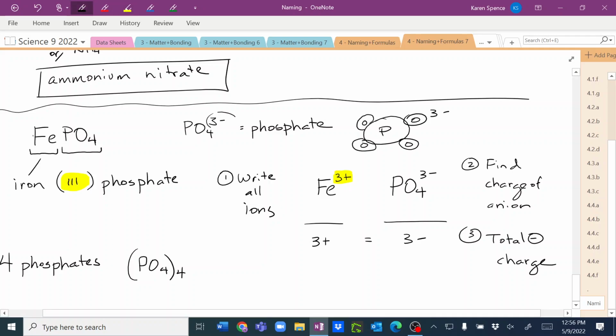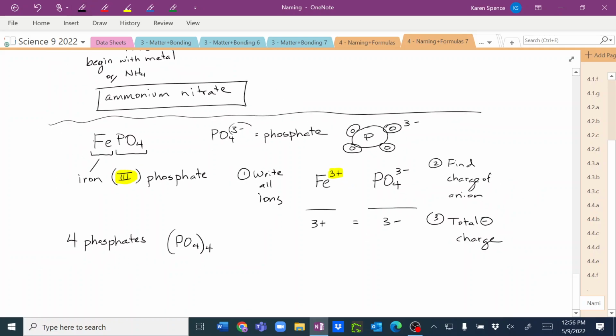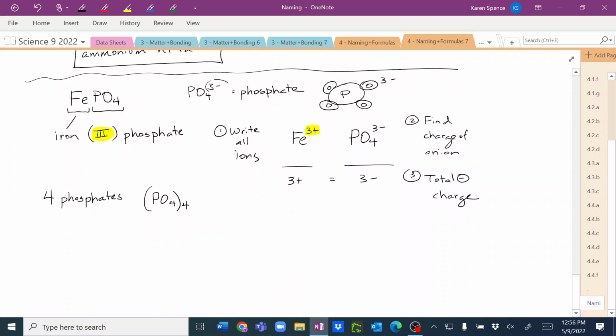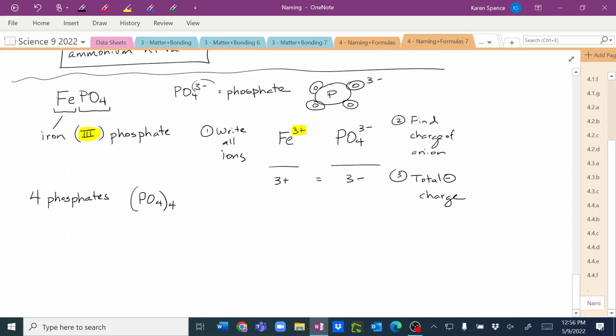So that is iron 3 phosphate. And this technique will work even if you don't have polyatomic ions. So if you're still working on quiz 5, I think, uses Roman numerals, then you'll still use this same technique. Or maybe it's quiz 4, I can't remember. Anyway, quiz 4 uses this as well, just without the polyatomics.